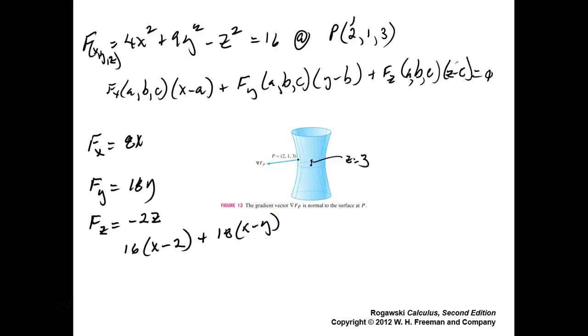Partial of f with respect to z would be negative 2z. z is 3, so that would be negative 6.